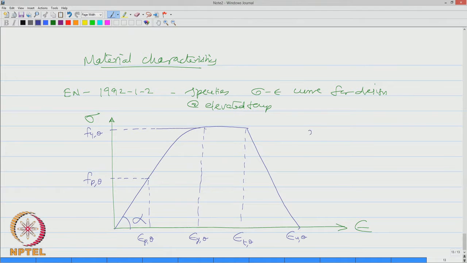It is a typical stress strain relationship of carbon steel at elevated temperature as described by EN 1993-1-2.